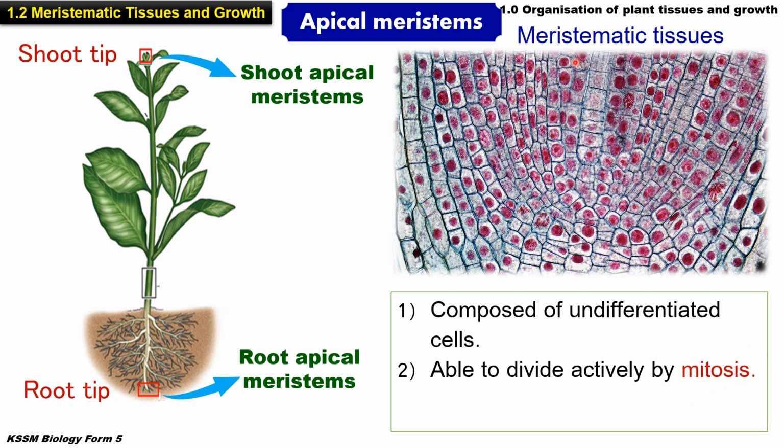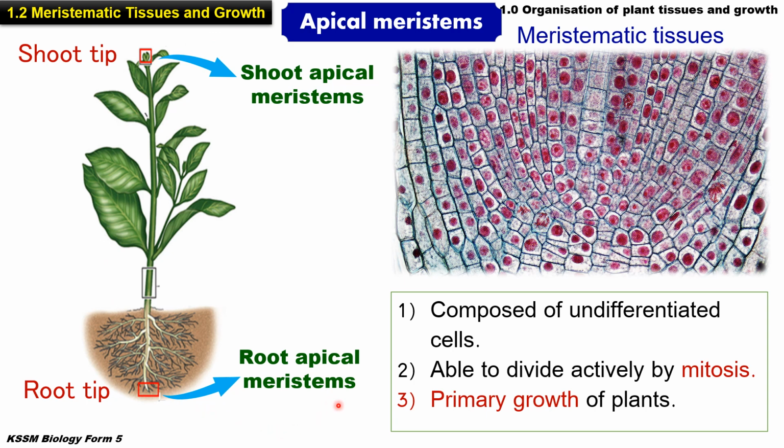So maksudnya mitosis ni berlaku actively. For what? For the growth of plant. Ingat, kalau pokok tu, remember for the plants which grow upwards or downwards, the shoot and root, the name for the growth is primary growth. Boleh ingat? Okay, ini ialah pada apical meristem.